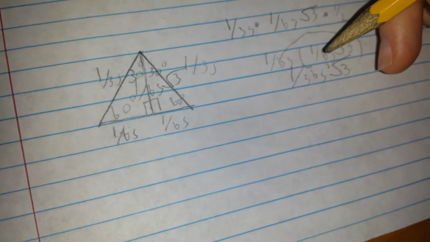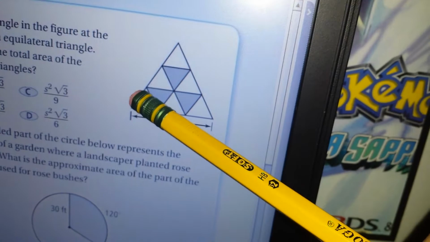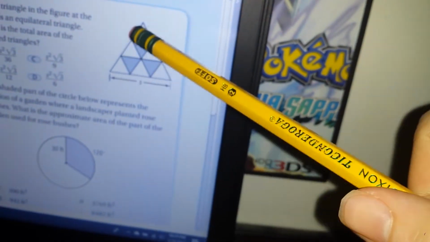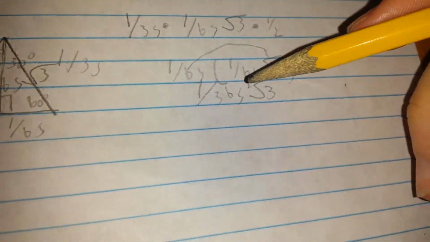Now you know that one of these triangles, just one of them, is 1/36 s squared times the square root of 3. You want to find these 3 triangles, which means that you would multiply the answer that you got by 3.